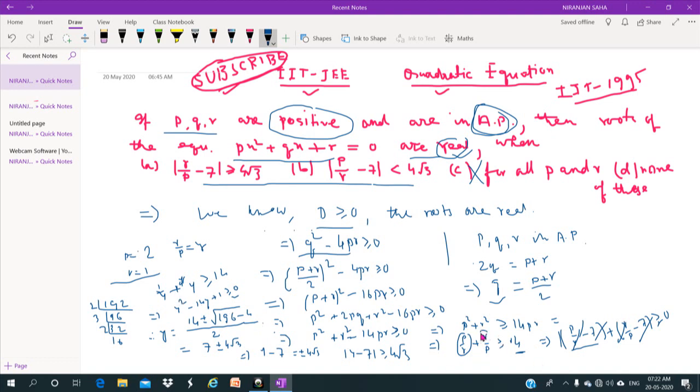You will find it if you put r by p as y, then you are getting that this is the solution. Mod of r by p, which we have taken as y, we are getting that is equal to 4 root 3. So option A is correct.